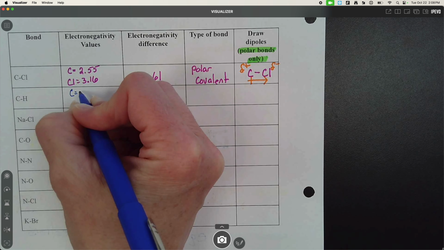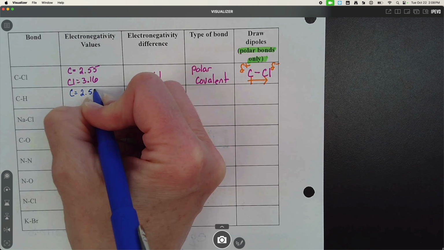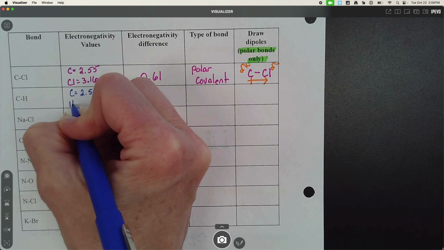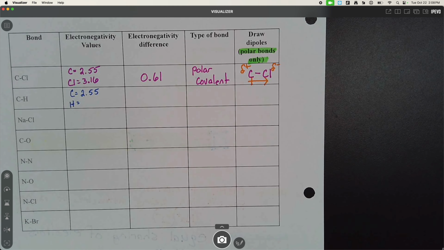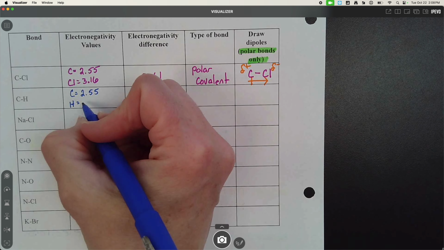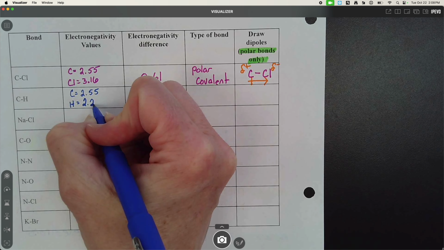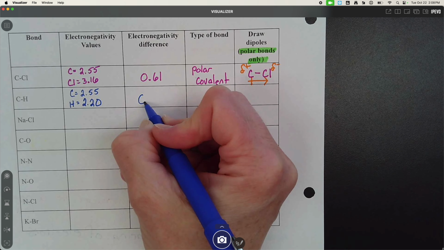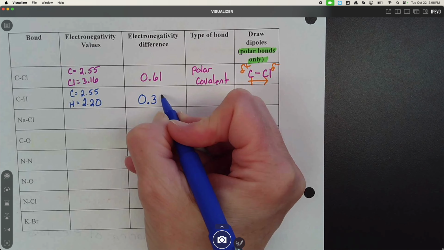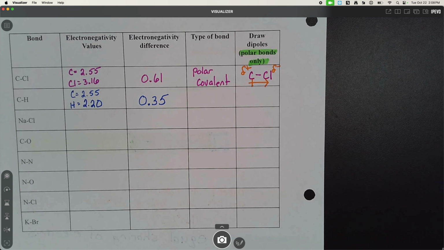Carbon has an electronegativity of 2.55. We already looked that up. Hydrogen has an electronegativity of 2.20. If we calculate the difference, we come up with 0.35.